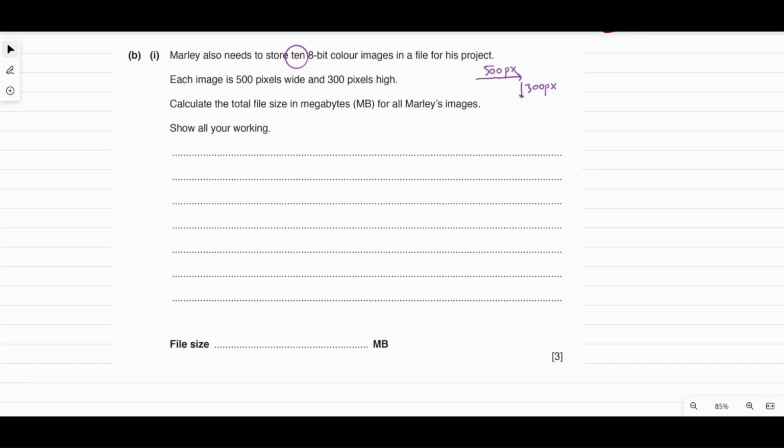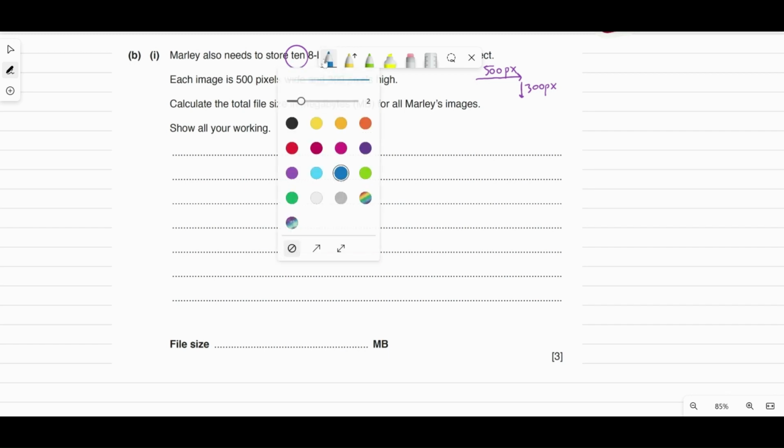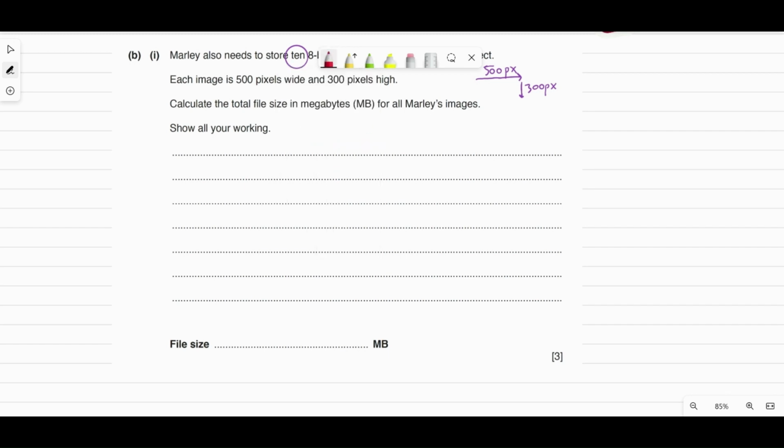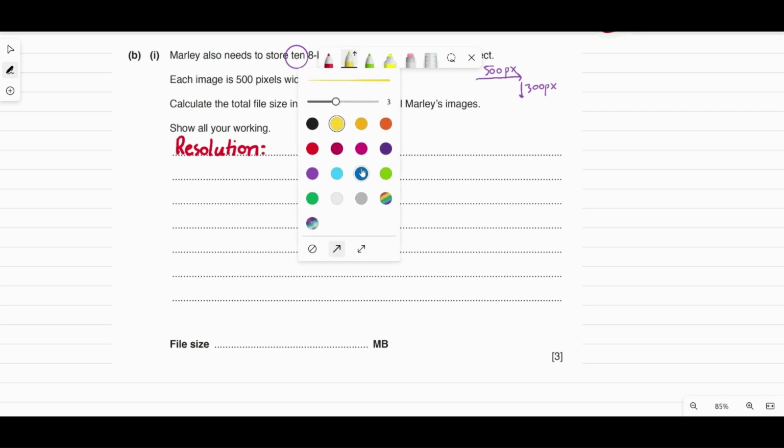So the first step is the resolution. Let us change the ink to red, and the size. The resolution is the first step we need to perform, and there I'll take blue.